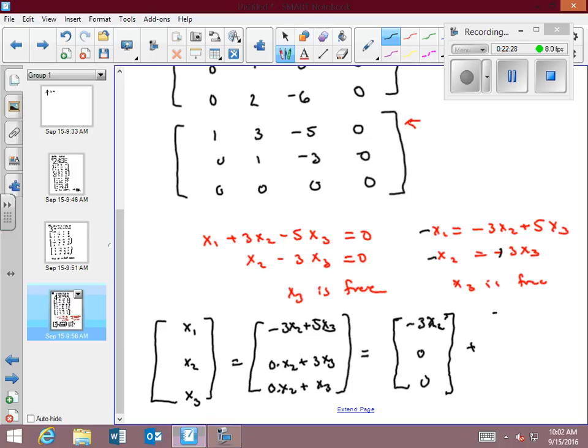Plus 5x3, 3x3, x3. Do you see what I did?